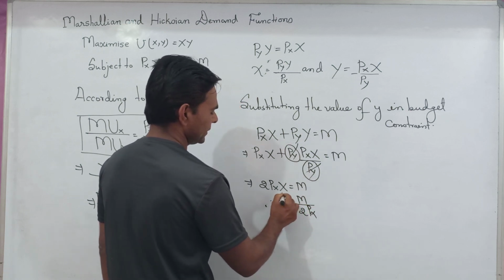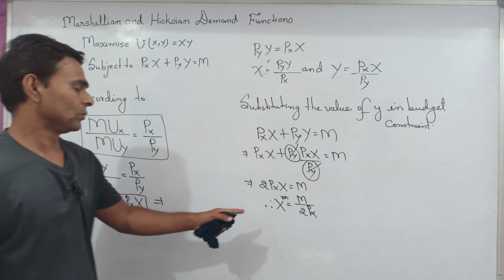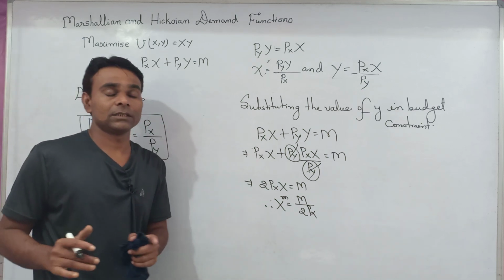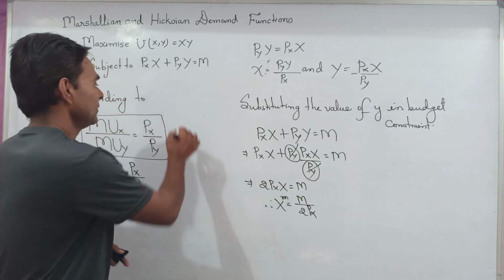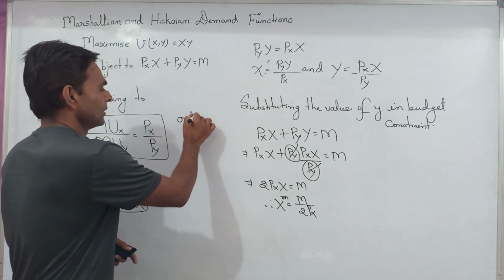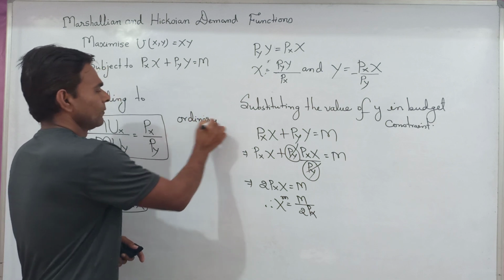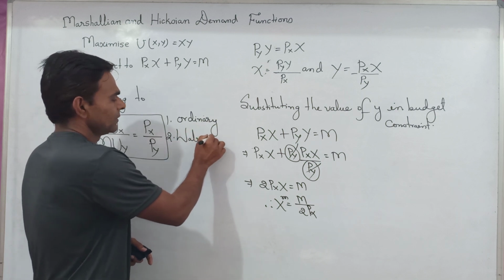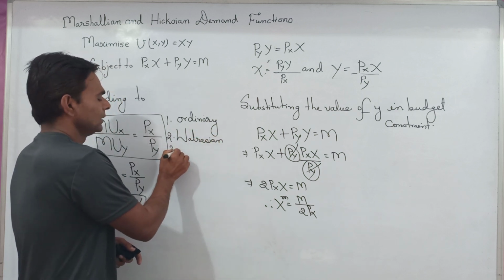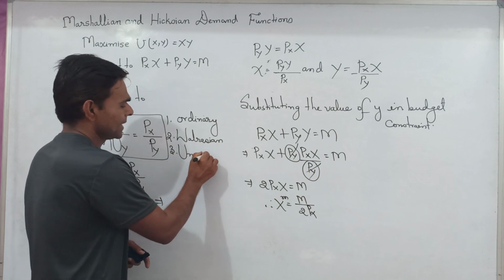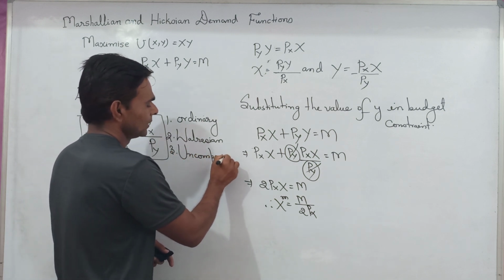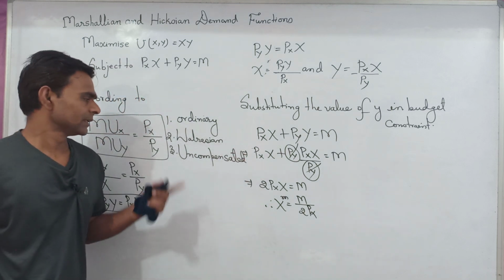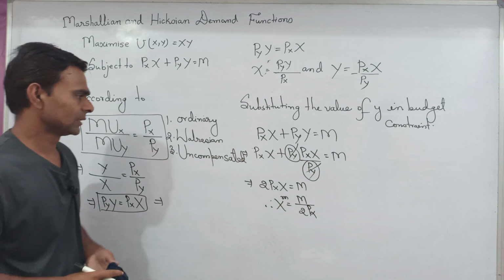This is the Marshallian demand function for good x. The Marshallian demand function is also known as the ordinary demand function, Walrasian demand function, and uncompensated demand function. All these names are given to the Marshallian demand function.